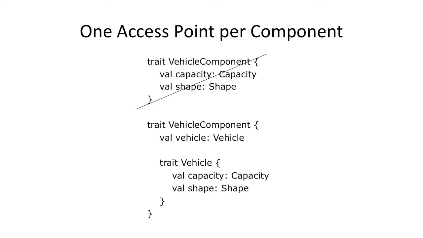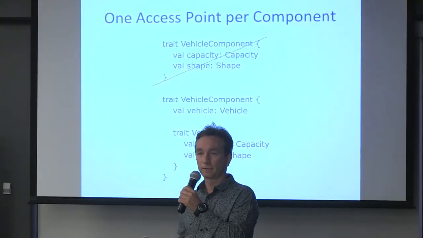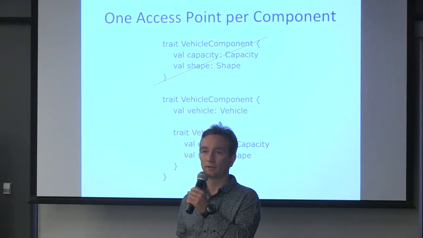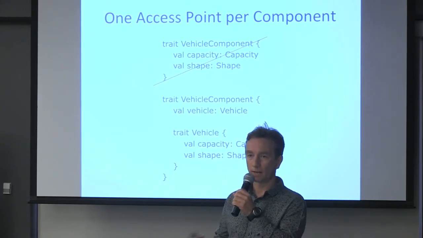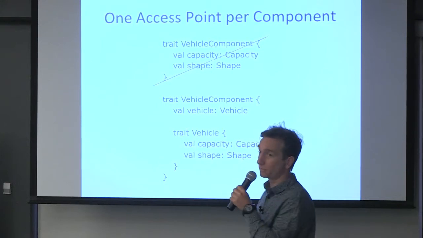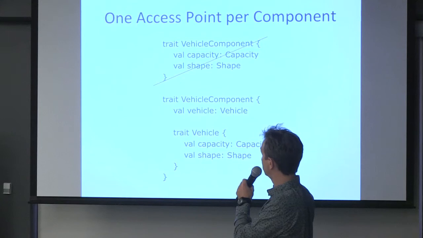One of the important things about the cake pattern is that it's easy to get into a real mess. So what I've been trying to find in the last year or so is a way to use it in such a way that you don't get in a mess. One of the ways to do that is to stick to a strict set of rules about how you're setting it up. The first rule really is to have one access point per component.